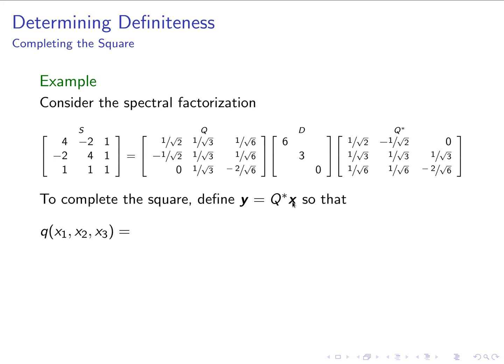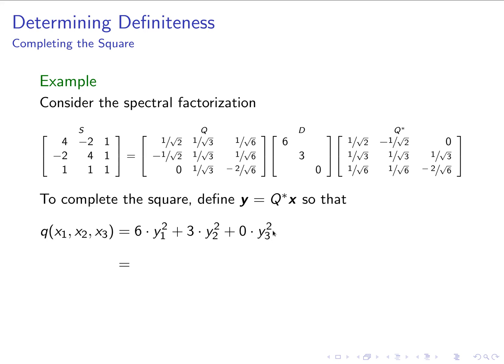Once we have this substitution, we know that the formula for the quadratic form is first eigenvalue 6 times the new variable y1 squared plus the second eigenvalue 3 times the second new variable y2 squared plus the third eigenvalue 0 multiplied by the third new variable y3 squared.